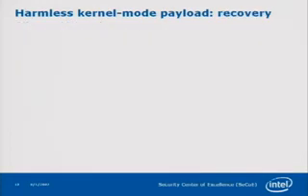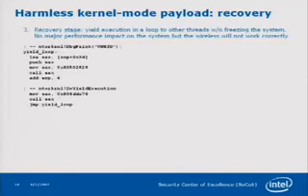The recovery stage is a very important stage, because the attacker doesn't want to lose all the results after returning from the shellcode execution. There are a number of ways of smooth return from the kernel mode payload. One of the well-working ones is given here.